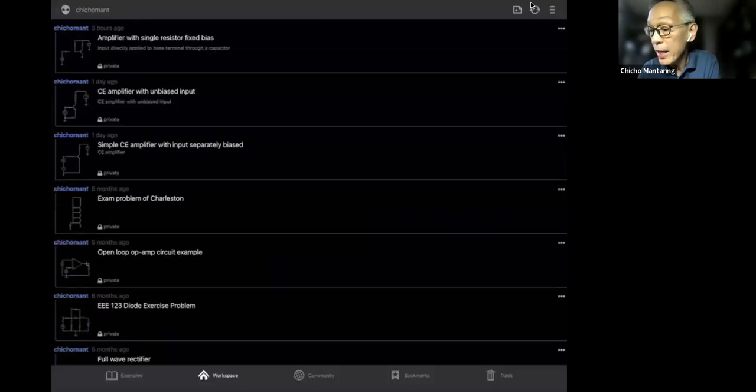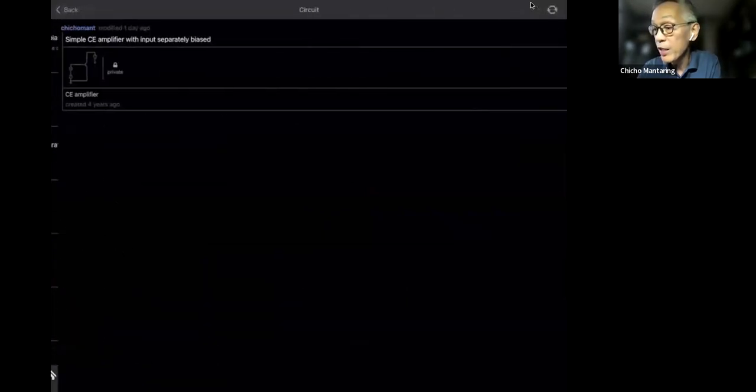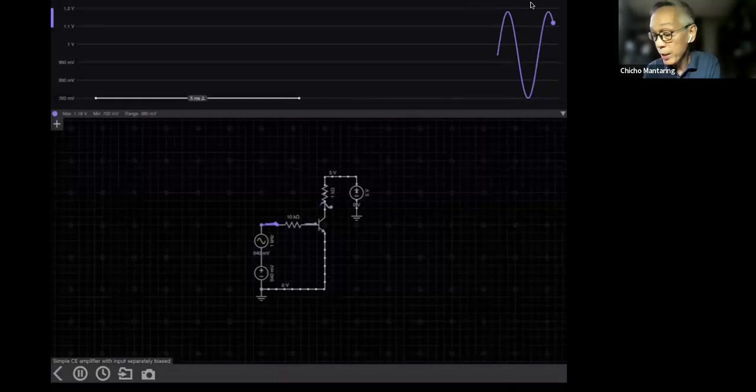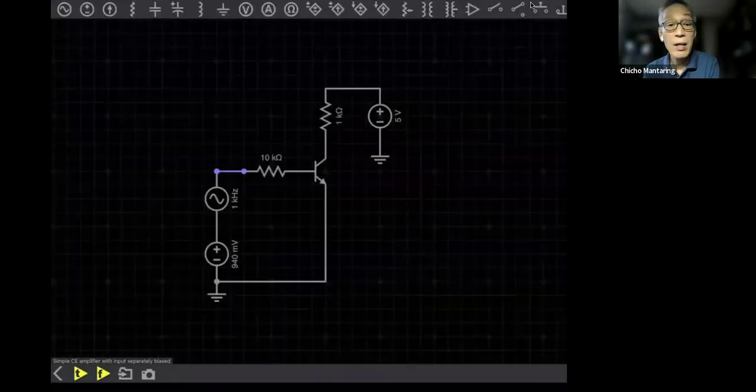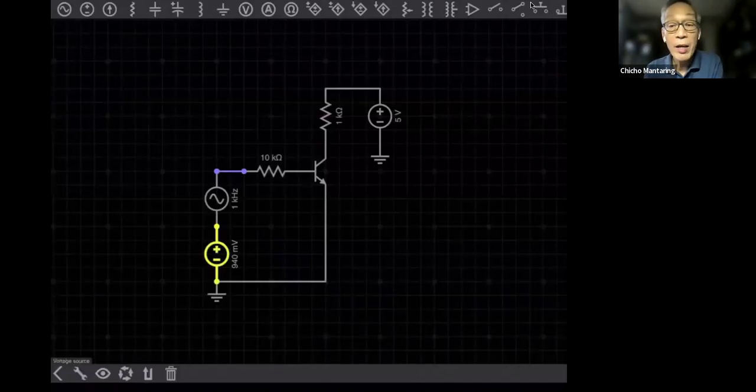Now let's take a look at the example that I gave you earlier. This is a DC voltage, which is 0.94 volts.